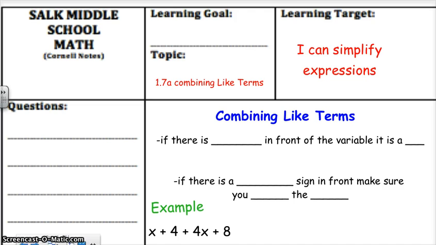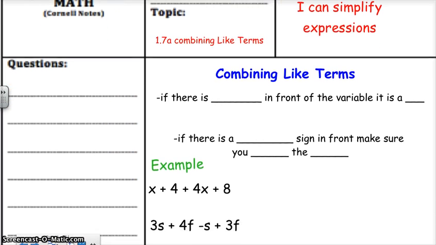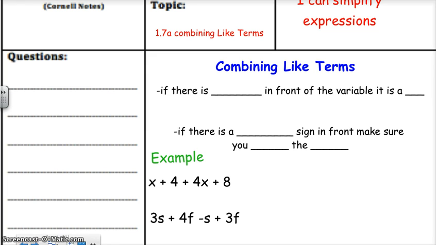All right, how we're going to apply simplifying expressions is through combining like terms. And when we combine like terms, there's a few facts that we need to know. If there is nothing in front of the variable, it is a 1. So if there's no coefficient, the coefficient would be 1.